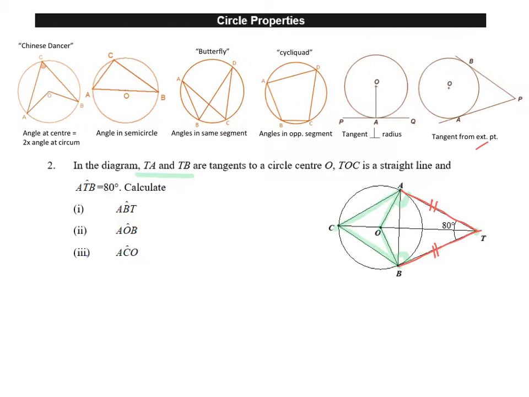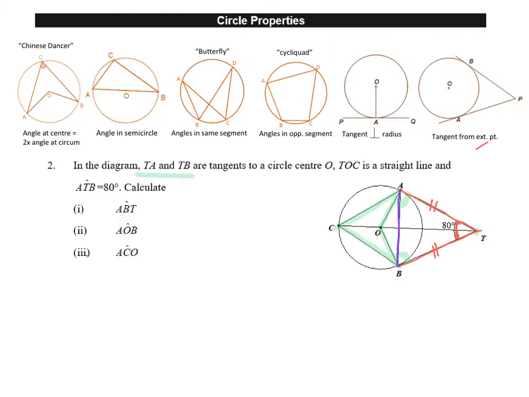So let's mark this down. Okay, and they tell us that TOC is a straight line. And angle ATB, the whole angle, is 80 degrees. The question asks us to find angle ABT.